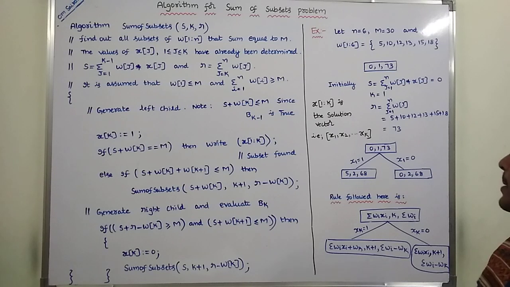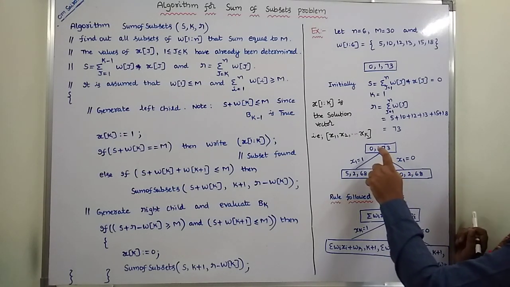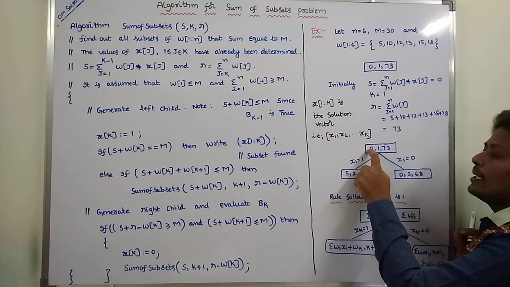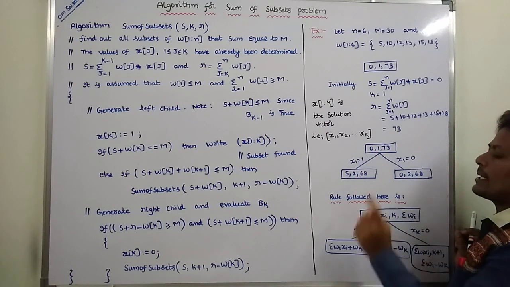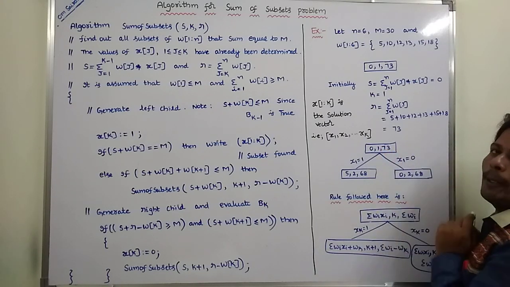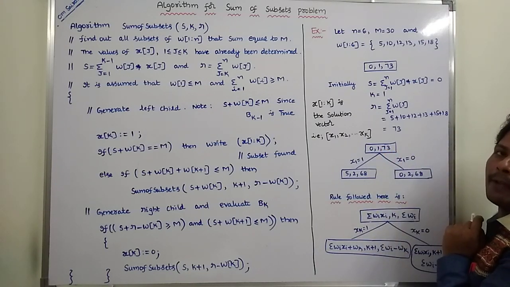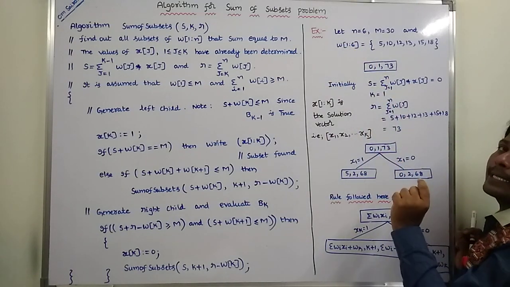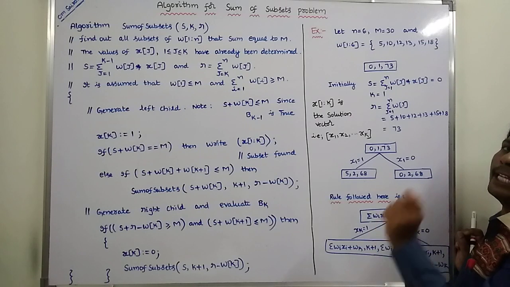Next, here initially we do not consider any object, so sigma wi xi value is equal to 0. Next, the position of the weight in the weight vector: the weight vector starts with 1, so k is the index of the weight in the weight vector.